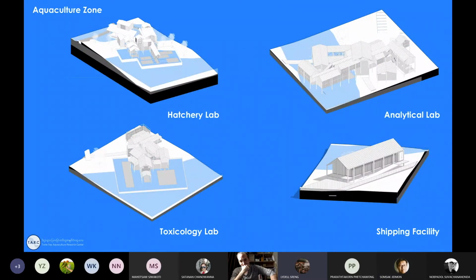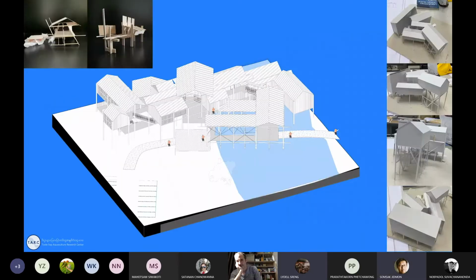And the first zone is the aquaculture zone. So they have these 4 labs there. And in the first one, the analytical lab, I did the prototypes from before, and then the second prototype on the right, leading to the design in the middle.